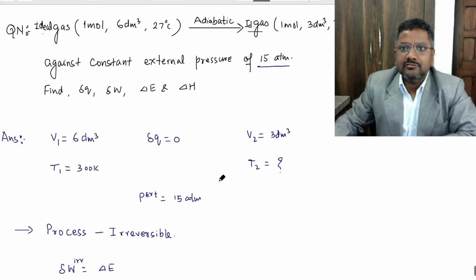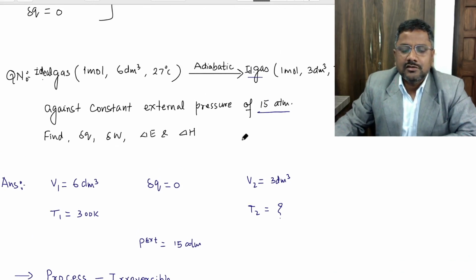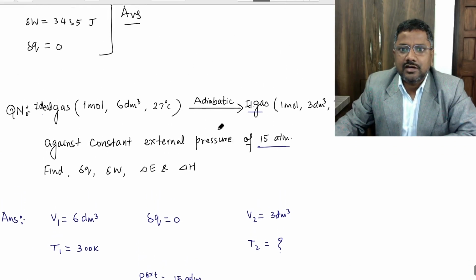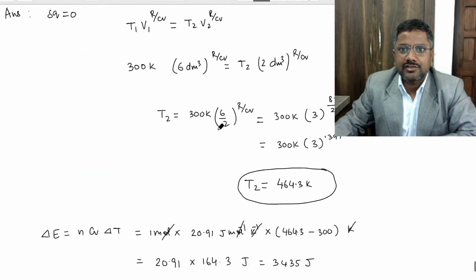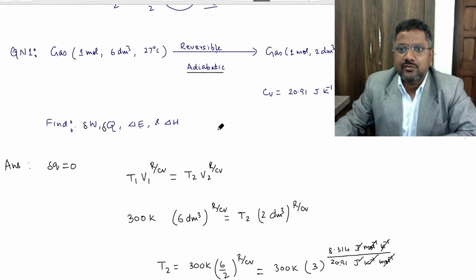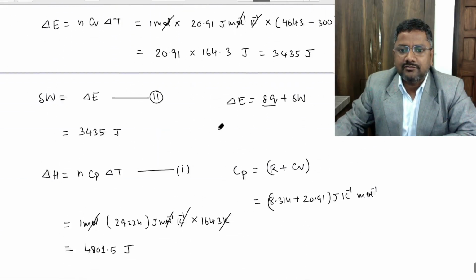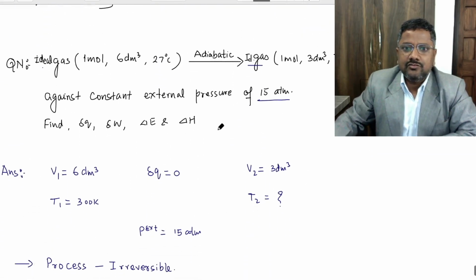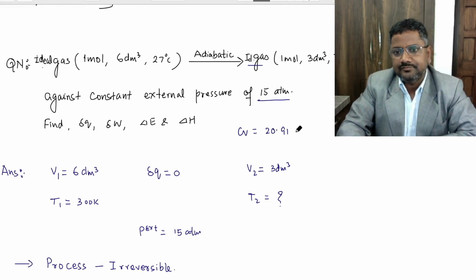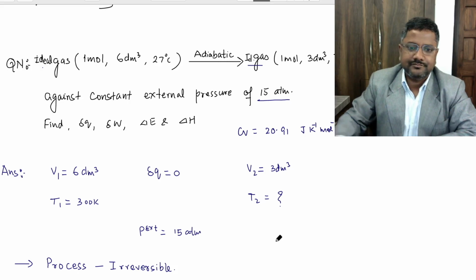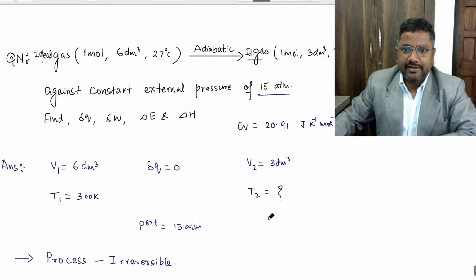Cv is given? No, not given. So I think you can take the Cv because I have taken this question. So Cv is equal to 20.91 joules per Kelvin per mole. This is also given here in the question.